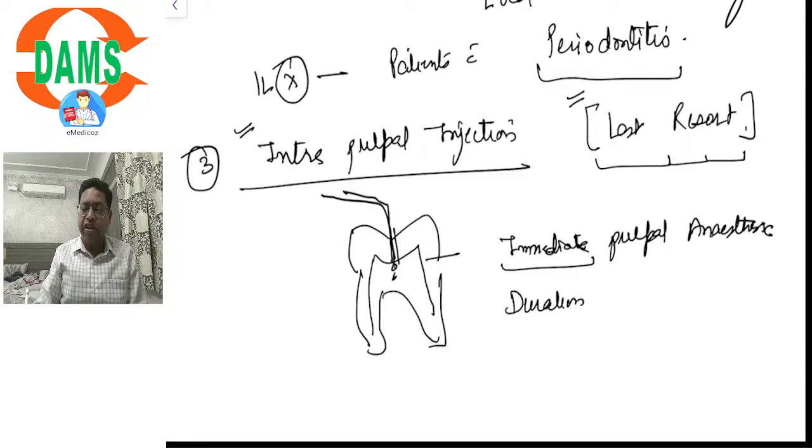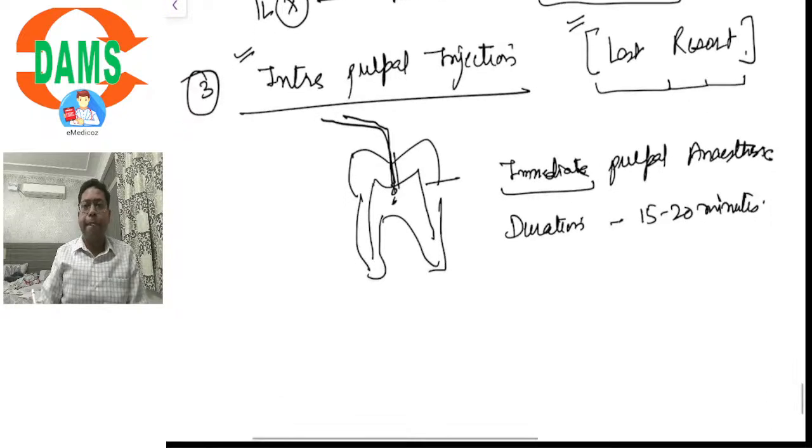And the duration that we attain is nearly 15 to 20 minutes of pulpal anesthesia. This 15 to 20 minutes of pulpal anesthesia is sufficient for pulp extirpation and going forward with the procedure. So these are the principal techniques of administering local anesthetics in patients, 2 primary ones and 3 supplemental ones.